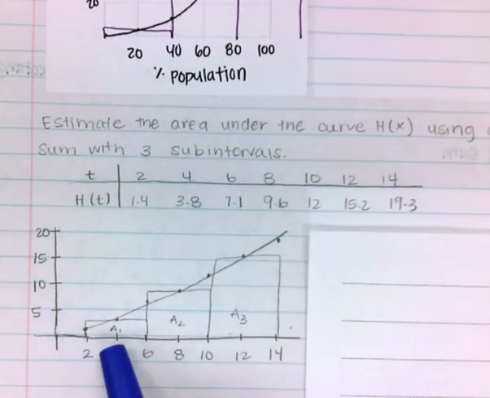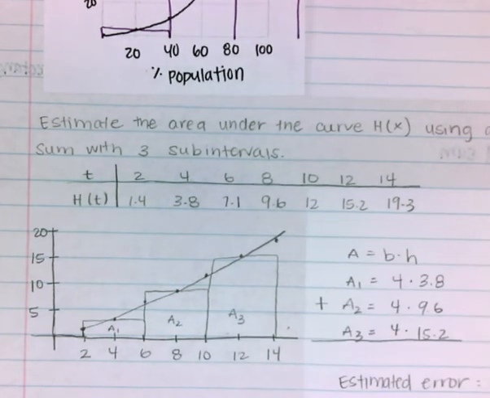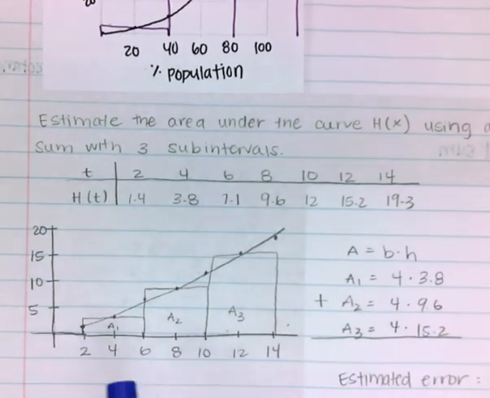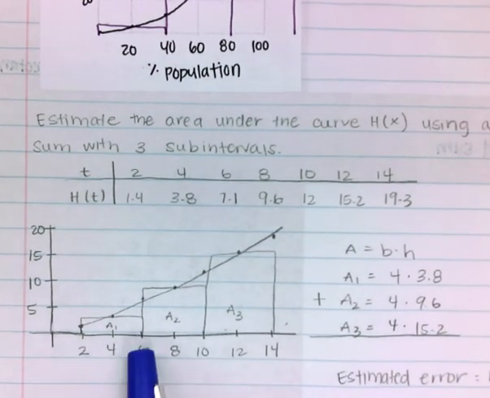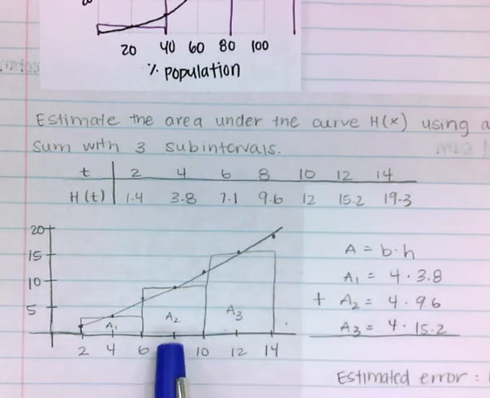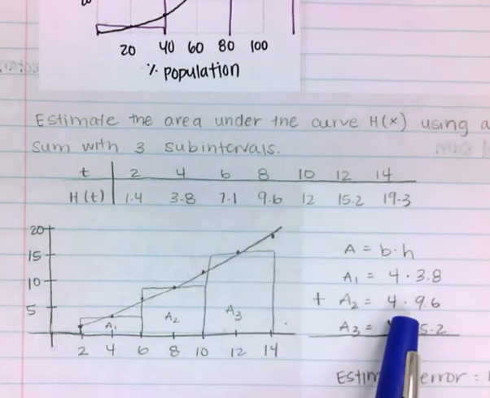So I just called them area 1, area 2, area 3. So A1, A2, A3. Okay, so then your base times height. So your area 1, your base is 4, and your height was 3.8, because we got that from our chart. Okay, the second one, so that was the first. The second one, the base is 4, and the height here at 8 is 9.6. So that's how I got that second one.